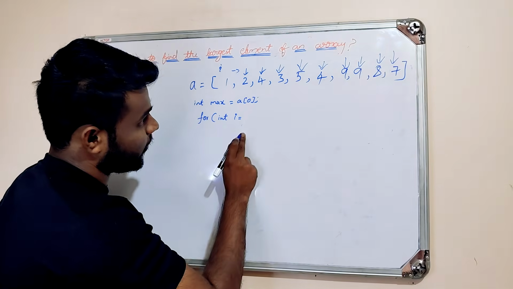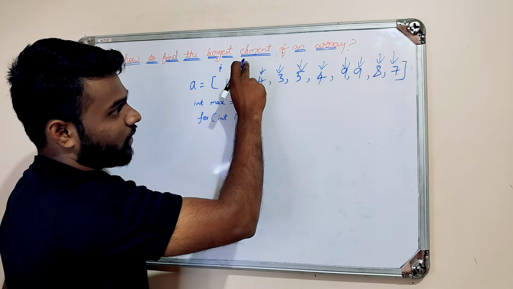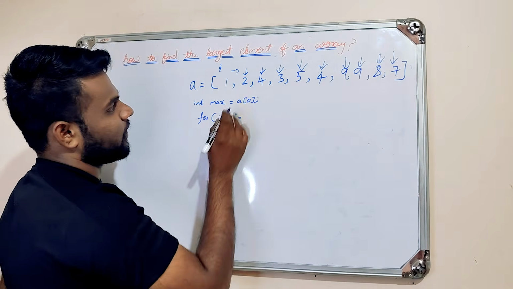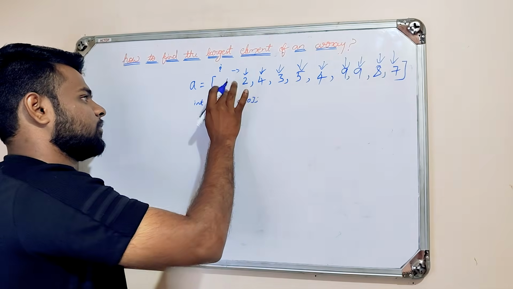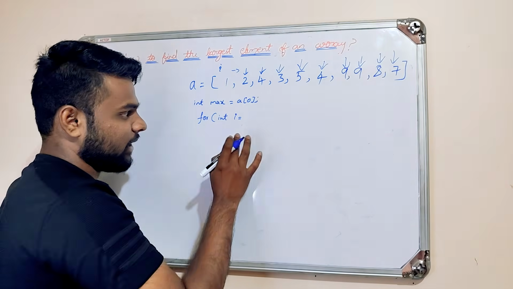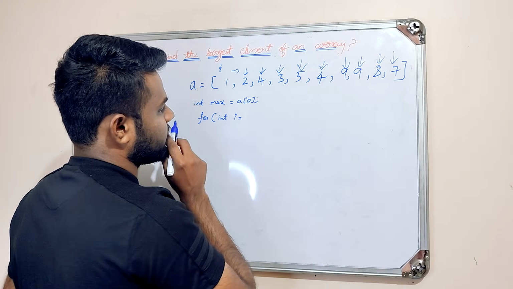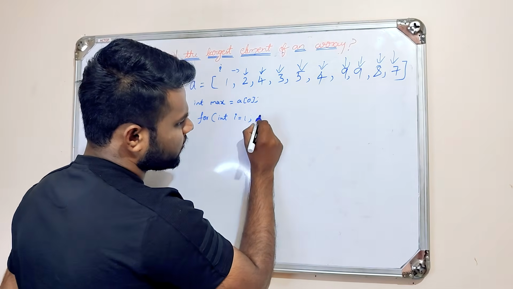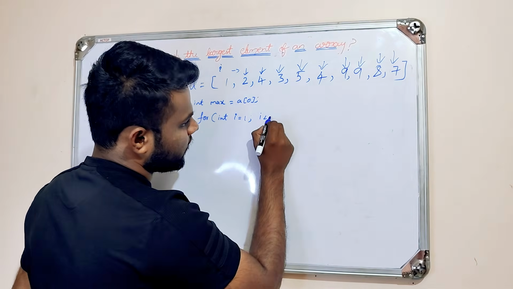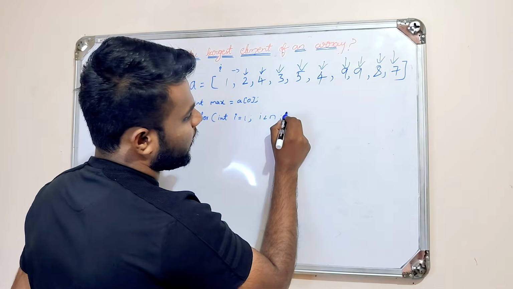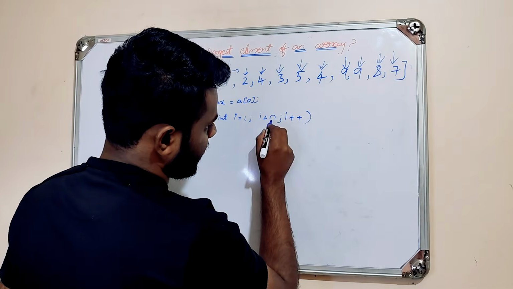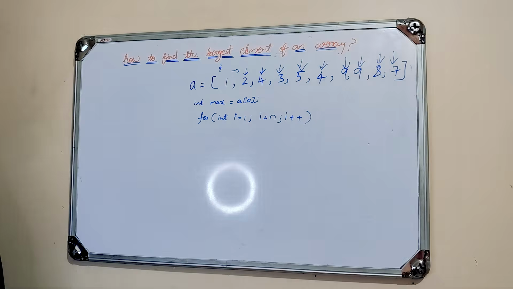No, we are going to iterate from the second element to the last element. Already we have assumed the first element as the max, so we are not going to iterate from the 0th index. i equal to 1, i less than n, i plus plus. Here n is the length of the array.